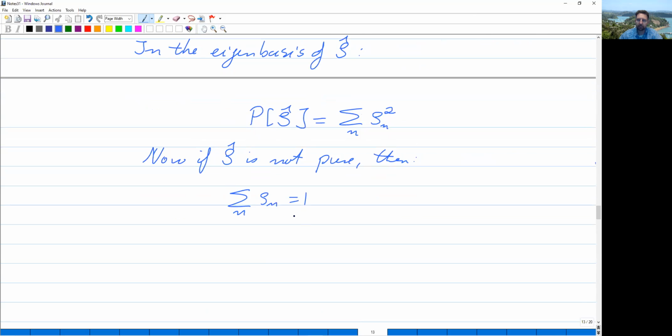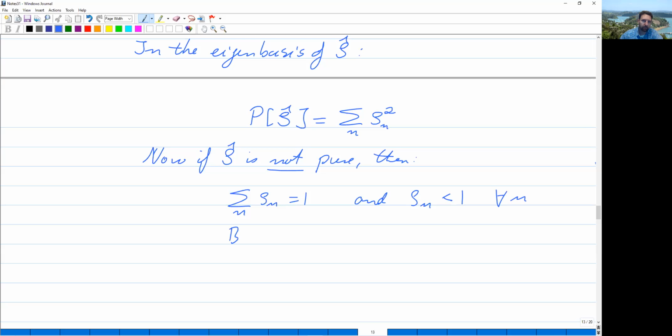That's true for every density matrix. And we have that the rho n are smaller than 1, because one of them would have to be equal to 1 and all the others would have to be 0 for the state to be pure. So if the state is not pure, then all the states have probabilities strictly smaller than 1 for all n.